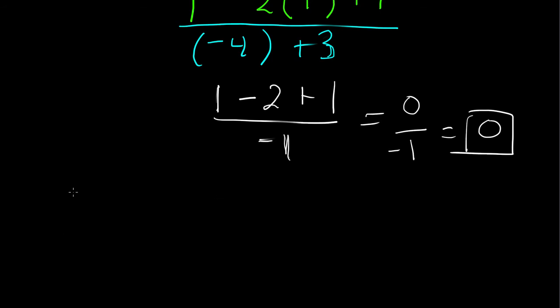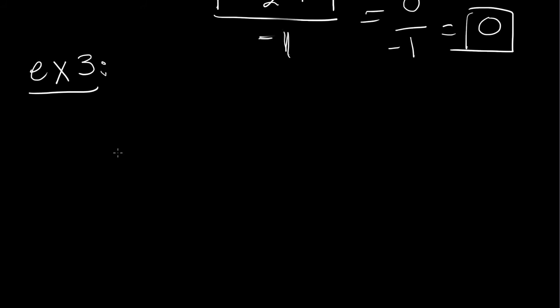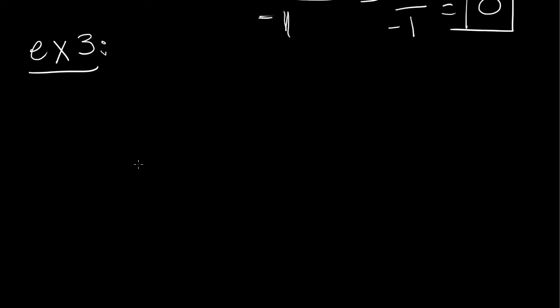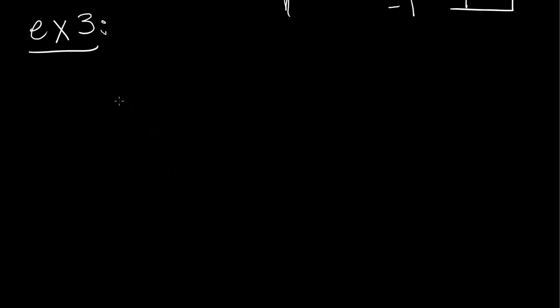Now we're going to go on to one final problem, example 3. And this one's going to be the toughest one that I'll give you guys for now, because I'm just going to assume that you're still beginners. So I'm going to still keep it a little bit easier. This is probably about the level that you might see on your tests.